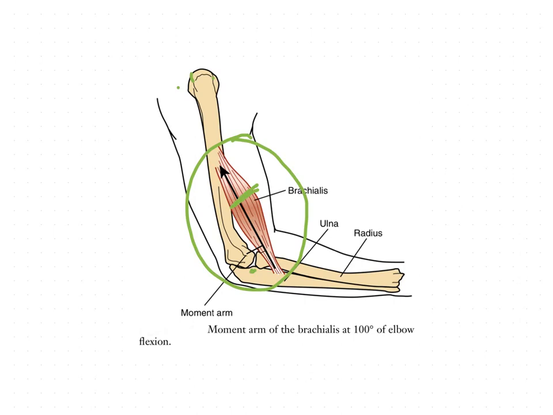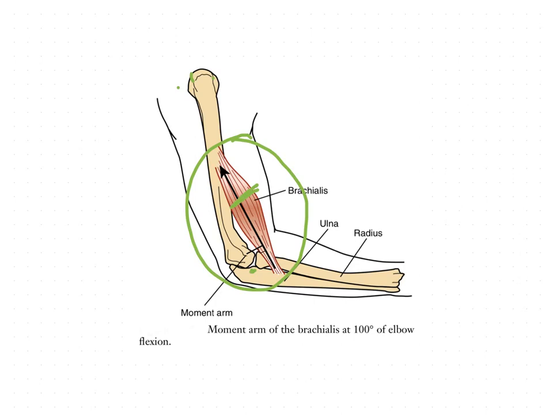By the location of the muscle related to the joint axis, we can identify whether the muscle is mainly for mobility or mainly for stability. So this is the third factor.